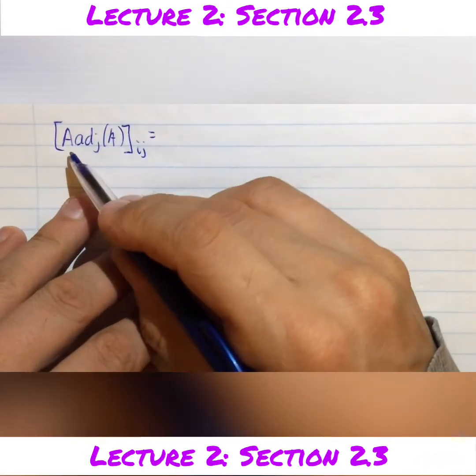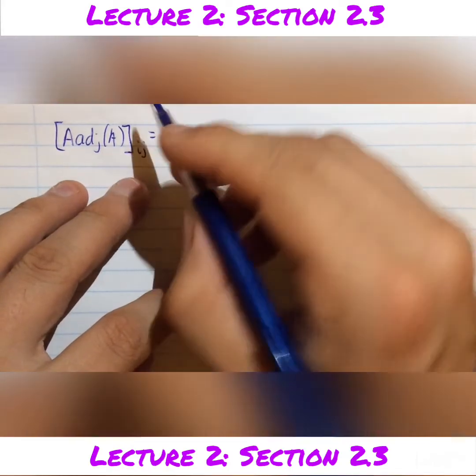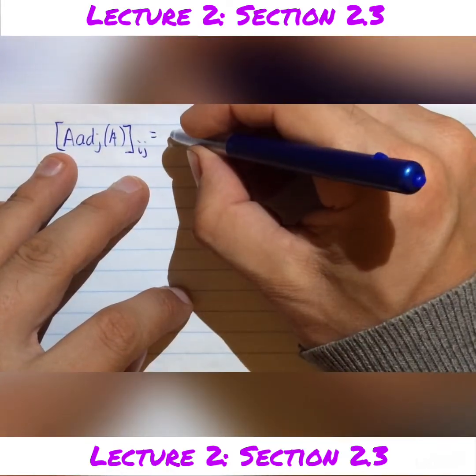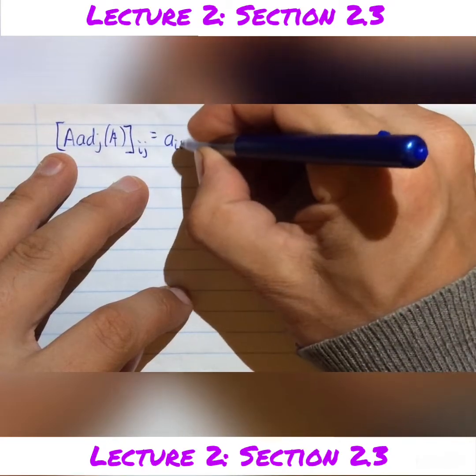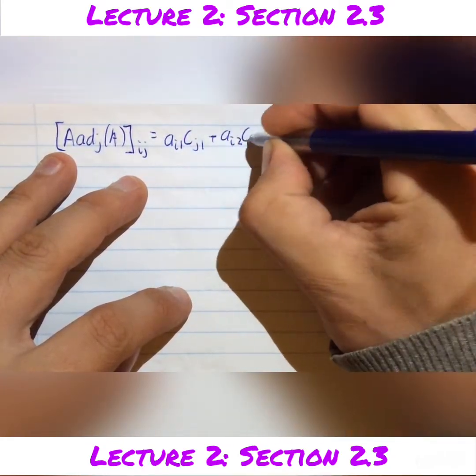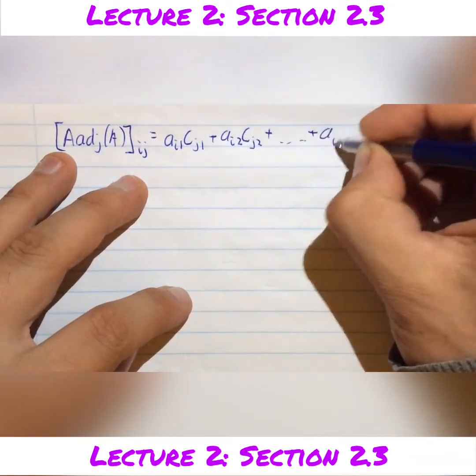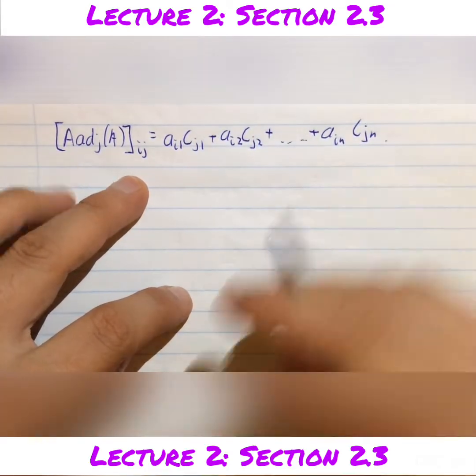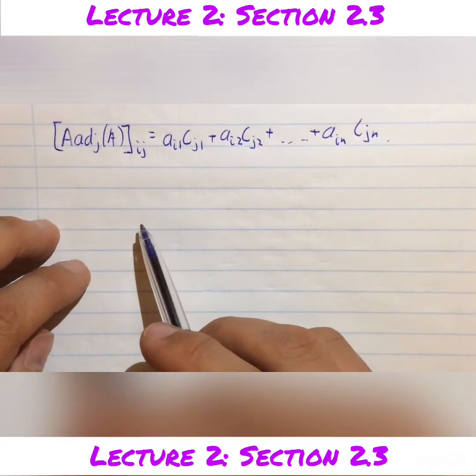Okay, so the entry in the ith row in the jth column then becomes this general expression. So that's the entry in the ith row in the jth column.